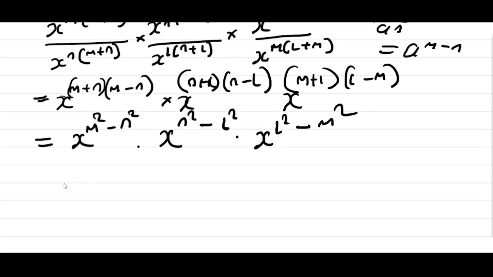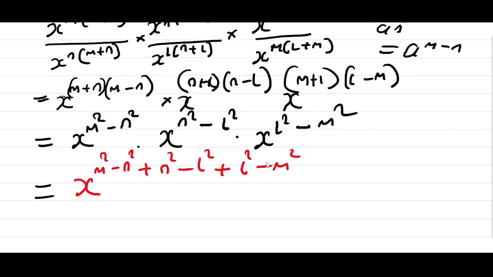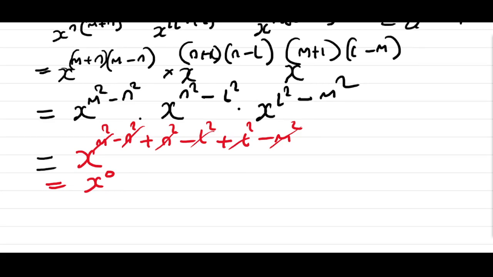So then we have to add all the powers: m squared minus n squared plus n squared minus l squared plus l squared minus m squared. So these cancel, and this is x to the 0, and then everything equals 1.